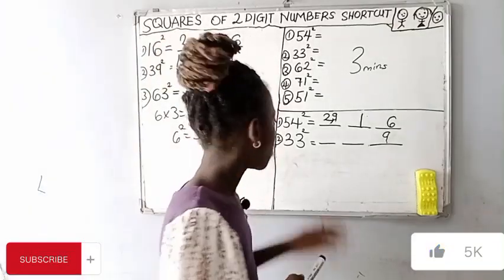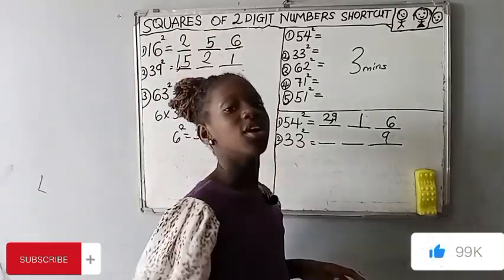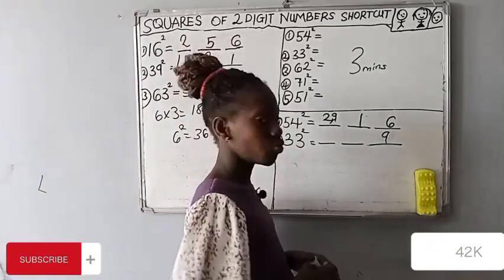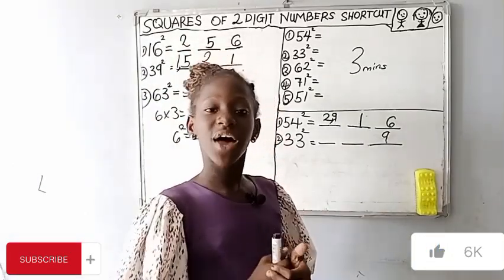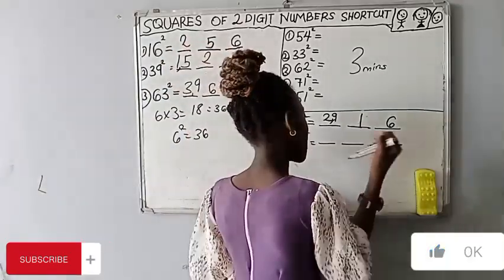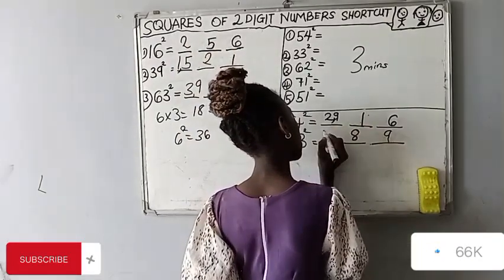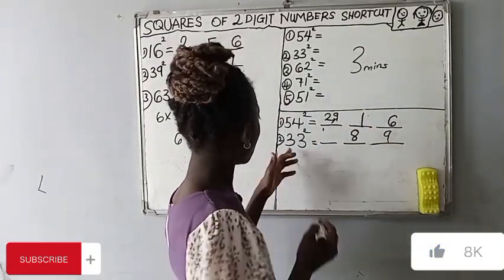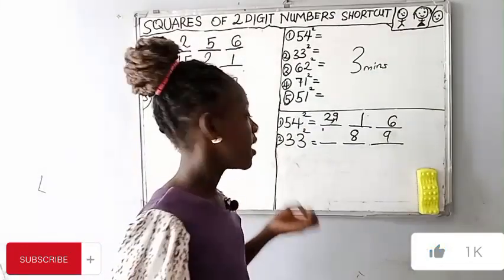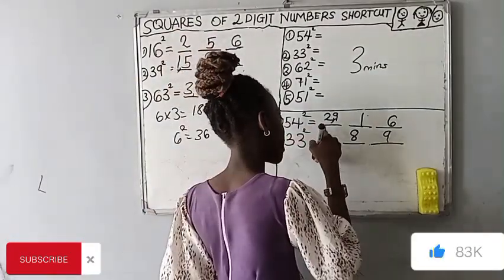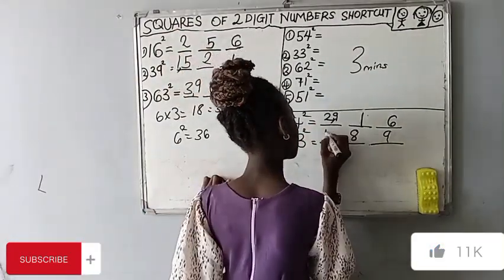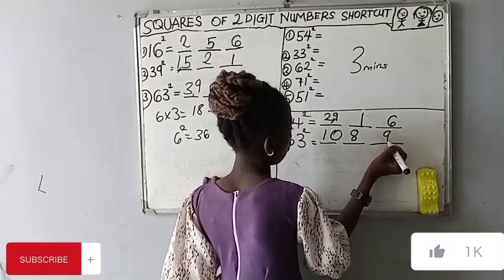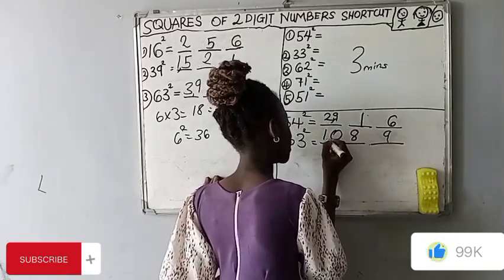Second step is what? 3 times 3, then you double it. 3 times 3 is 9. The double of 9 is 18. So we write 8 and carry 1 over. 3 squared is what? 9. 9 plus 1 is 10. Remember, 1, 2, 3.